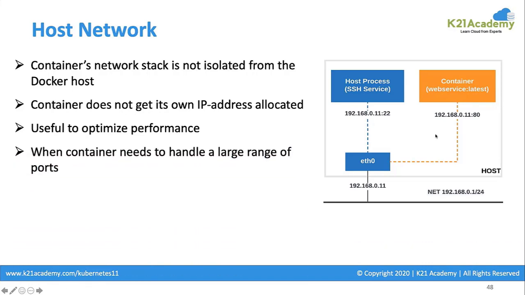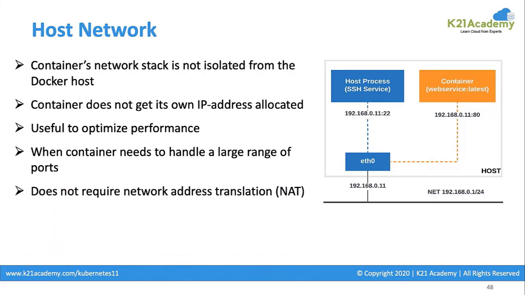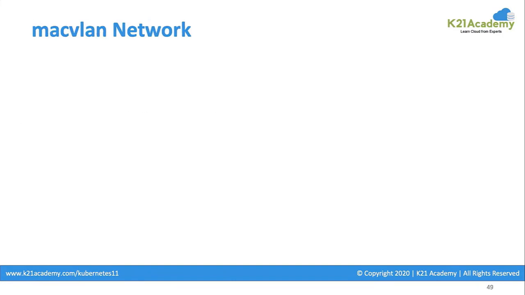And when you want to handle a large range of ports, like I don't want any NATing happening, network address translation, then I can go with such type of network. And this does not require the NAT translation, as I mentioned. So let's see how do we work with it.